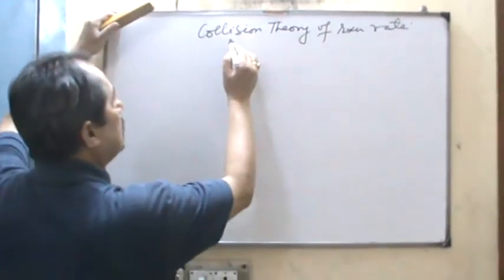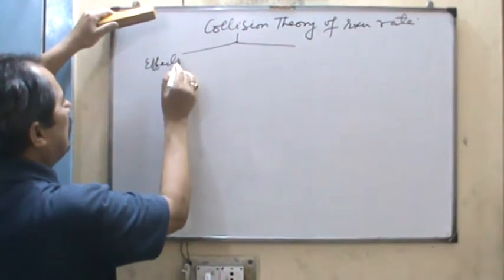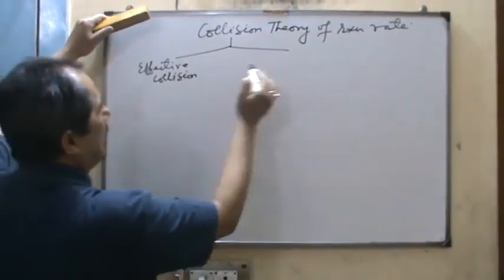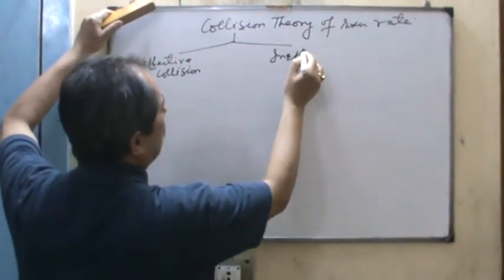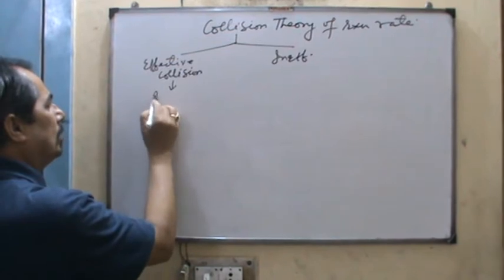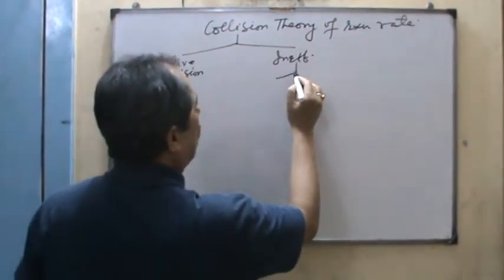Therefore, collision is of two types. One is the effective collision, second is the ineffective collision. Effective collision can form the products; ineffective collision cannot form the product.